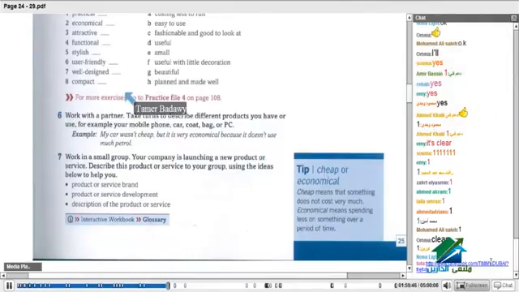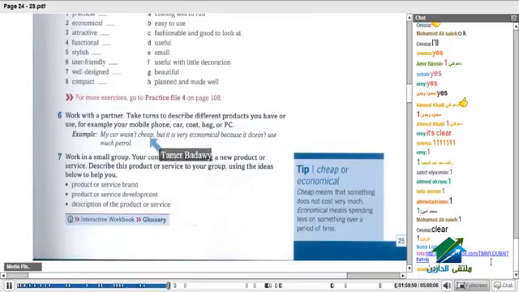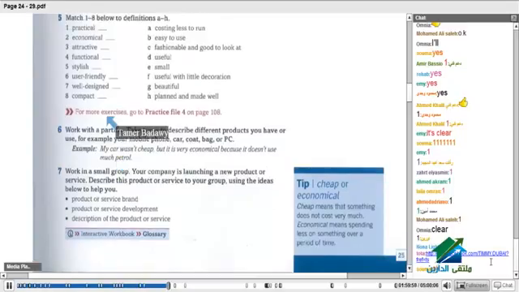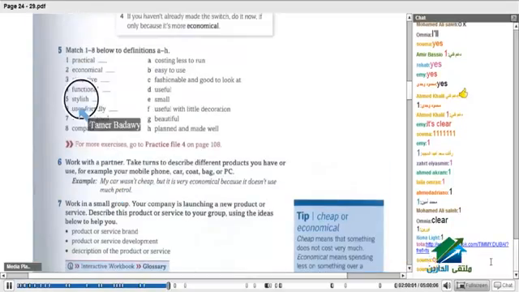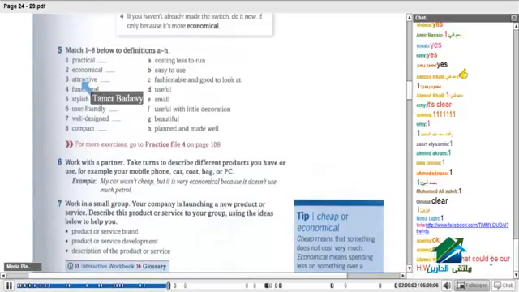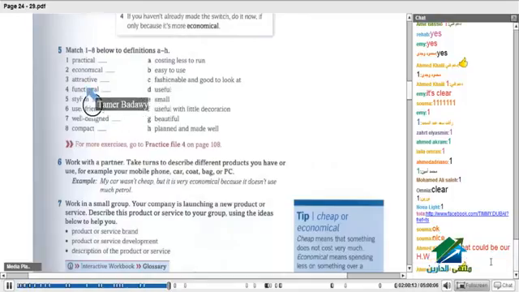My car wasn't cheap, but it was very economical because it doesn't use much petrol. So please think about these descriptions. That could be a homework, Mr. Ahmed. Find some products that you use, and then describe them in full sentences like this.